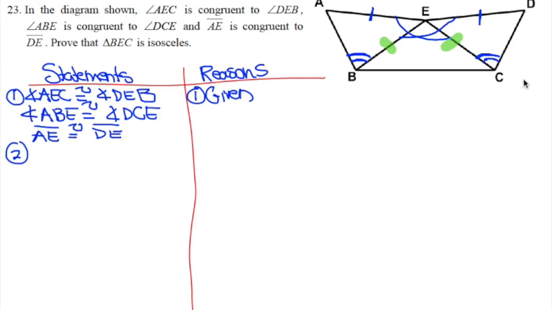And we know that AE is congruent to DE, so I have these upper pieces. The things I've marked in green are the things I hope to show are true, that they are congruent, because if I can say that, then I can say that the triangle BEC is isosceles.